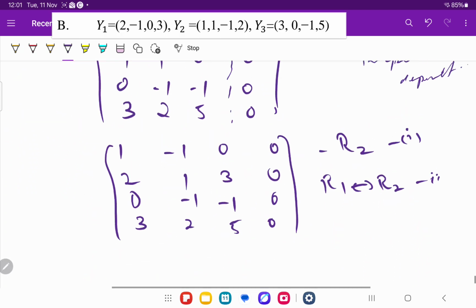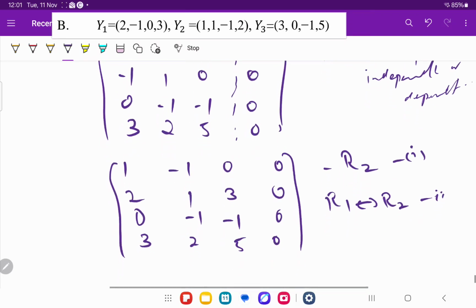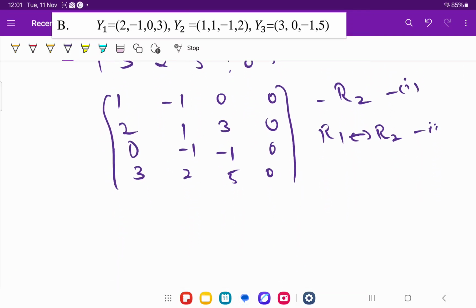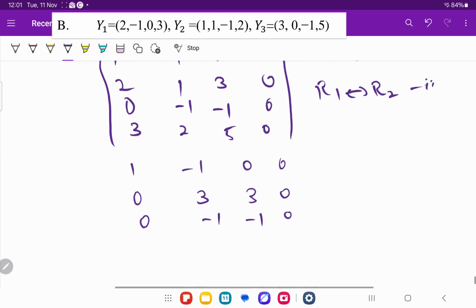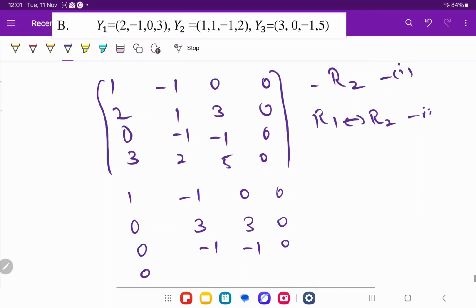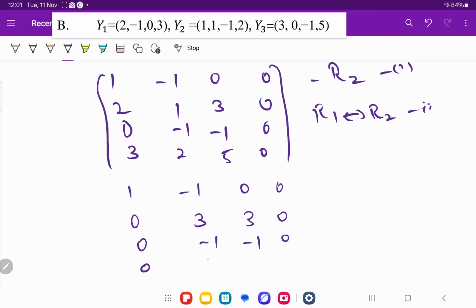So row 1 will remain the same, 0 plus 2 1 3 3 0 0 minus 1 minus 1 0, 0 minus 3 plus 3 and 5 5 0.